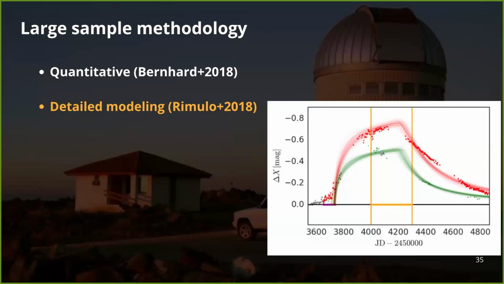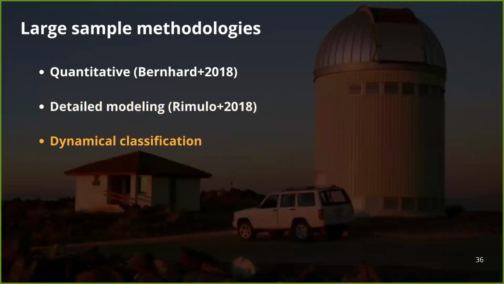This allows the authors to extract very precious information like viscosity parameters and other details, but this is infeasible for a large sample like the one we have in hand.